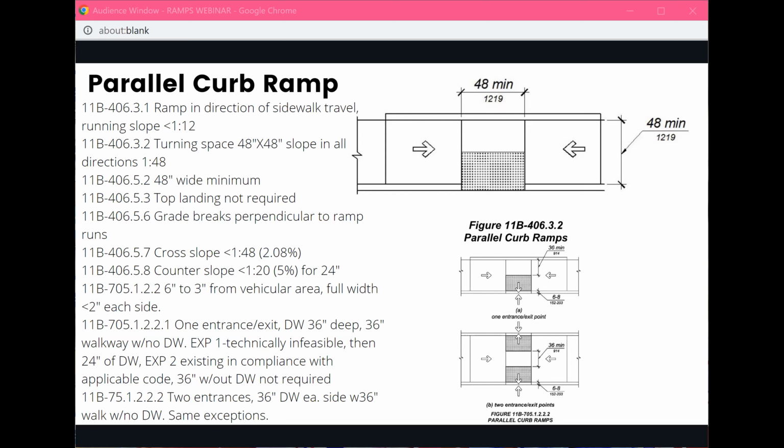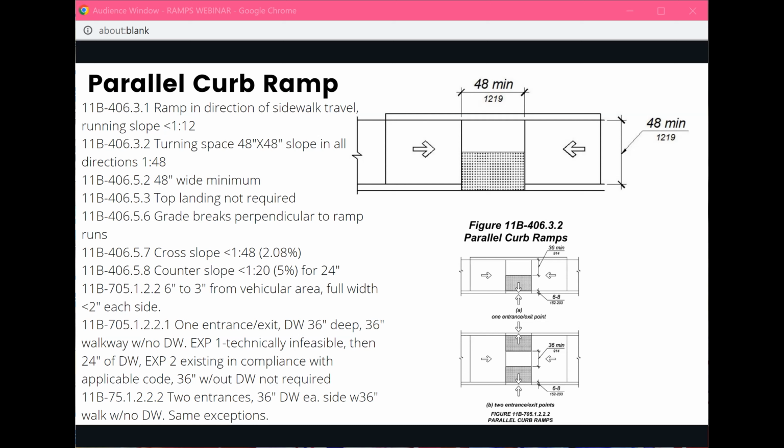Even where it says 48-inch minimum, it really should read 72-inch minimum. So this one is an error, that top image? The figure will not allow you to comply with 705.